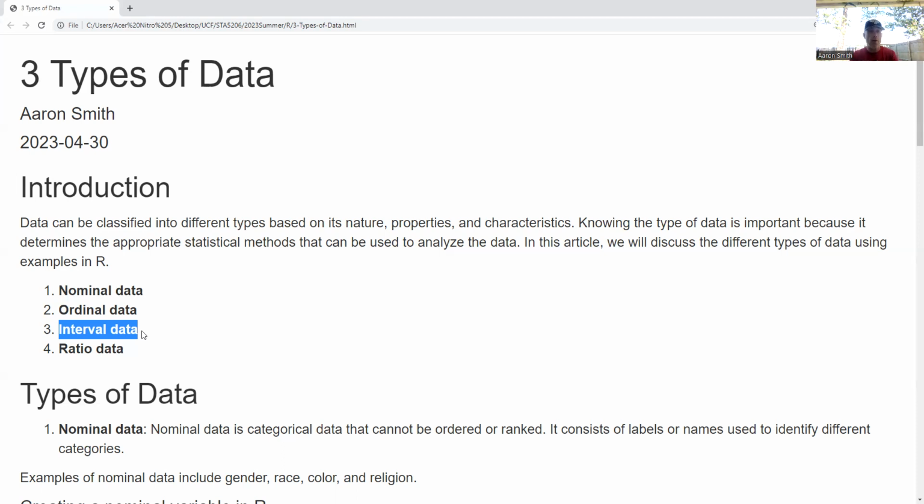All right. So the next type of data, ratio data, has a true zero. So think about height now. If I say you are 0 height in inches or 0 height in centimeters or 0 height in meters, doesn't matter the unit, it means the same thing.